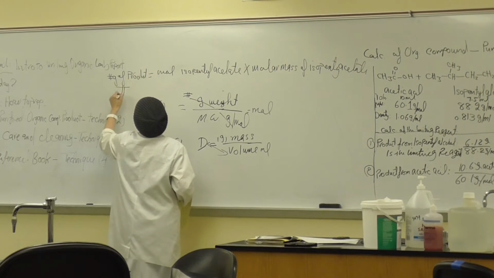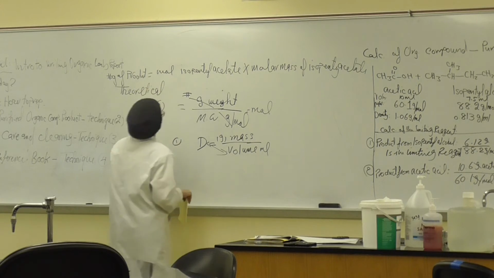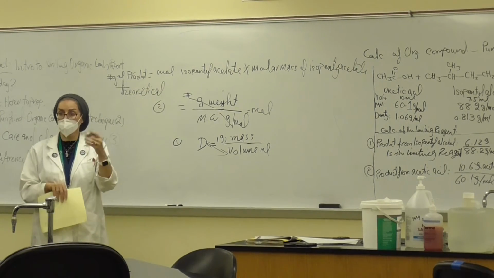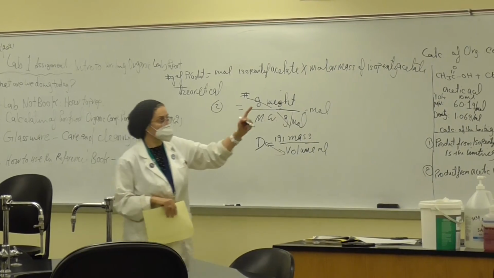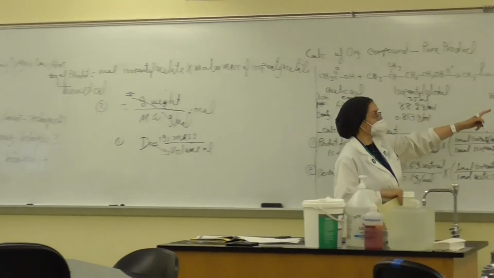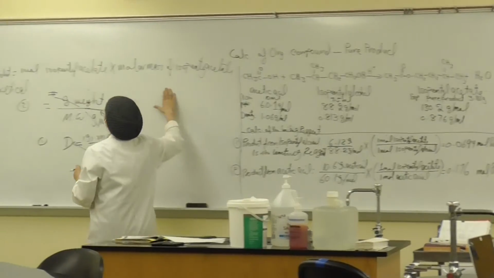But this is theoretical. That's in theory, right? That's what we're doing on the board. But the actual amount that was collected was 3.81. So let's do that. Let's find out.